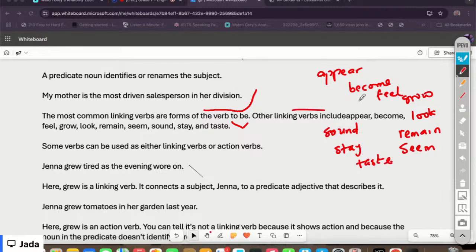So other linking verbs include all of this. Okay? So remember the forms of linking verbs are to be verbs, but other linking verbs include all of this that has been written here.